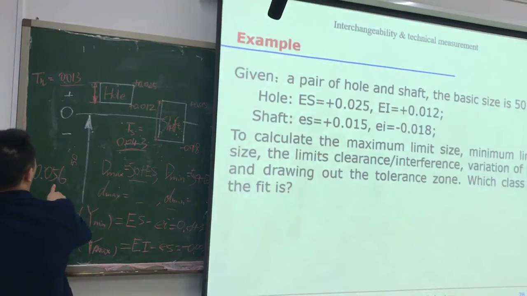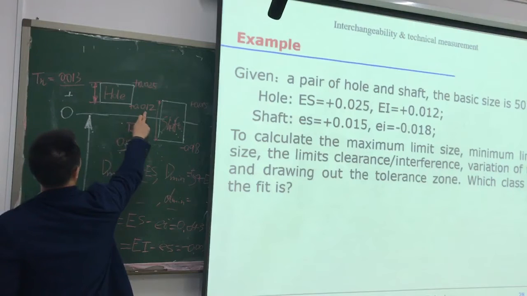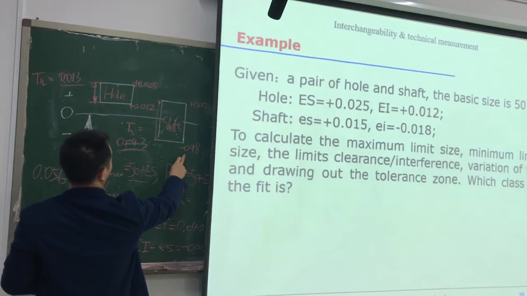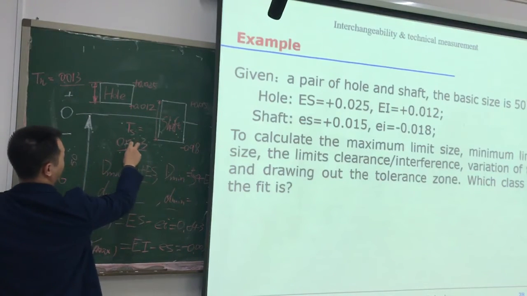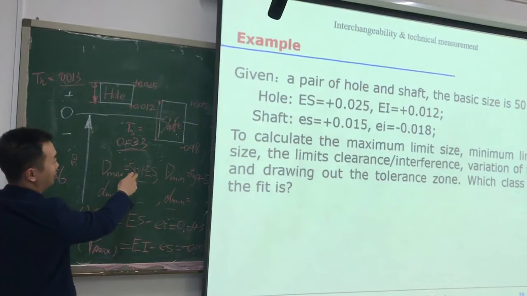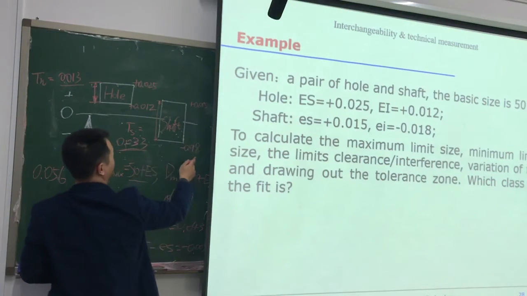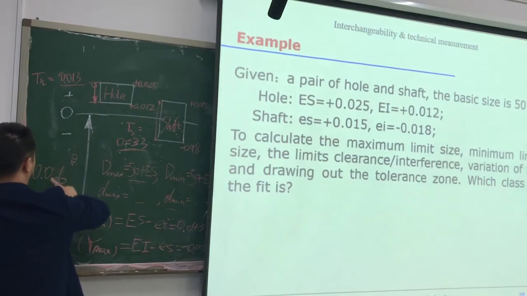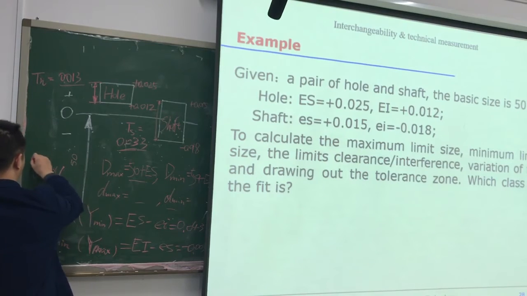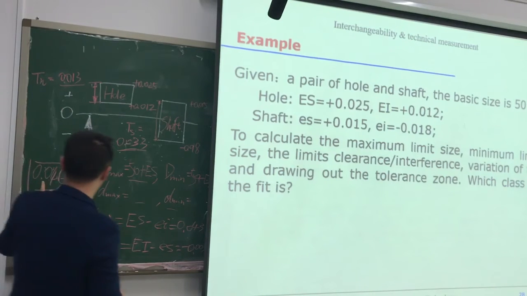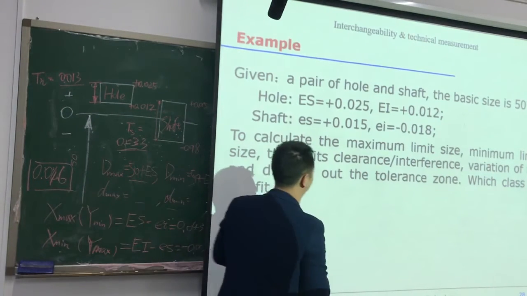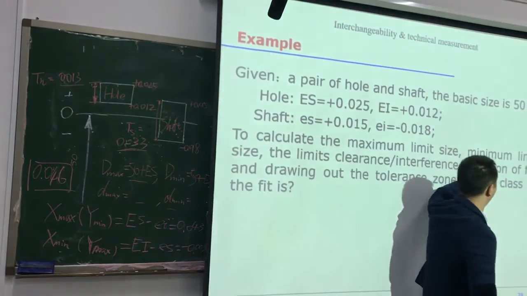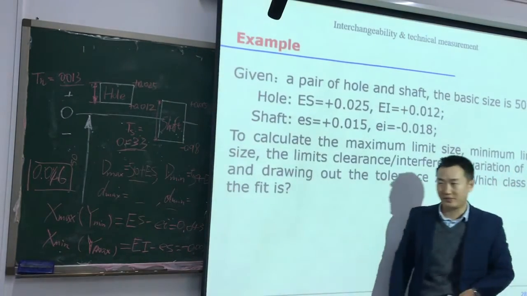I think there's something wrong. Oh, a mistake. This is 3, right? This is 3, because this one minus this one gives this. So we add these two values together, what do we get? We get 0.043 as the answer for the variation of a fit.